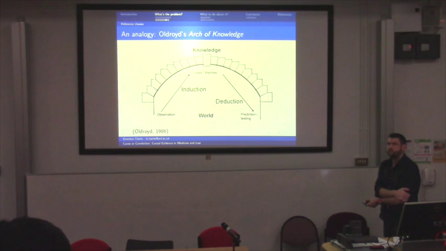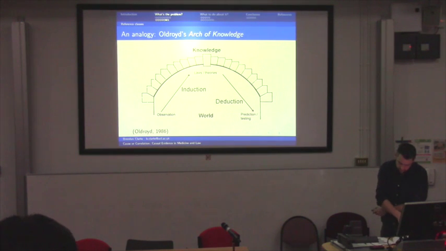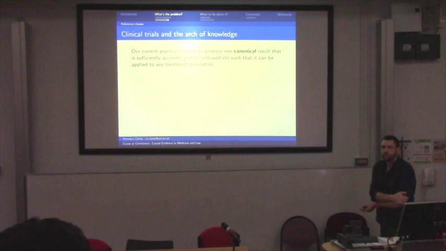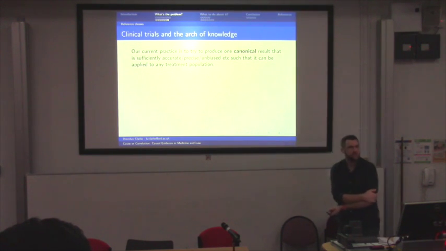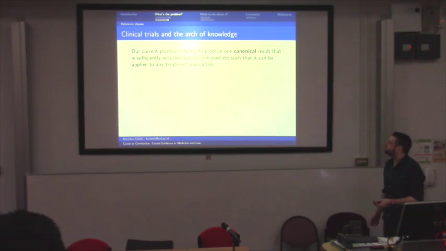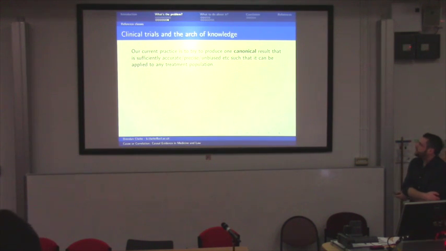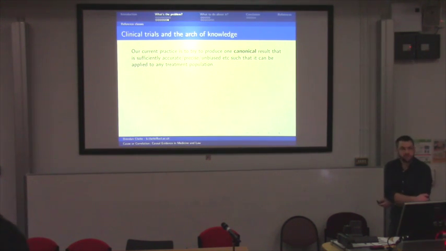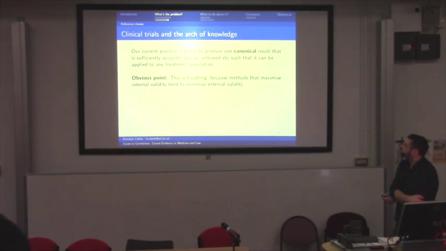And it seems a very interesting way of thinking about how this kind of clinical trial work might be happening. The idea is, I suppose, that we're trying to produce a canonical result, a result that tells everyone in any circumstance whether drug A is better than drug B. Actually, I think there are reasons to be very nervous about that, extremely nervous about that.